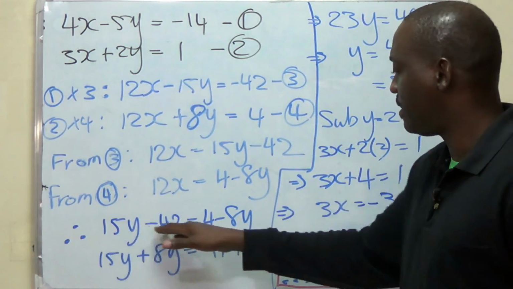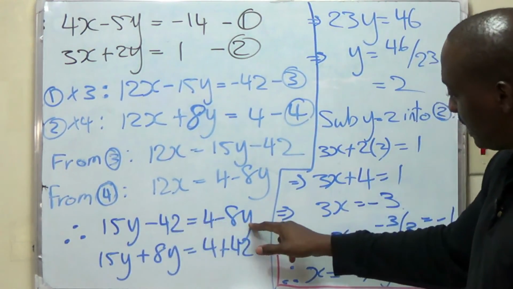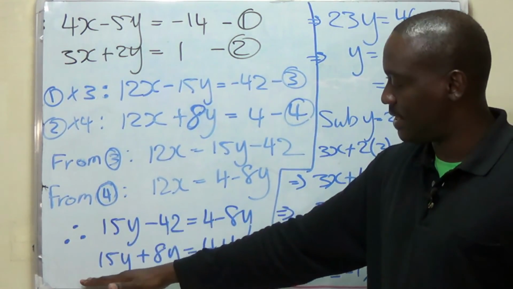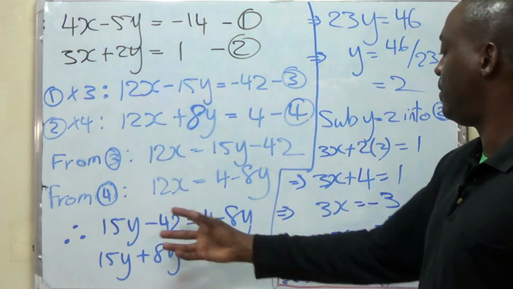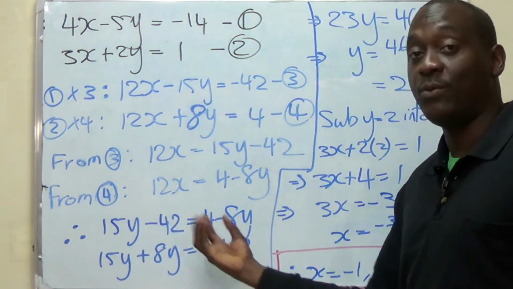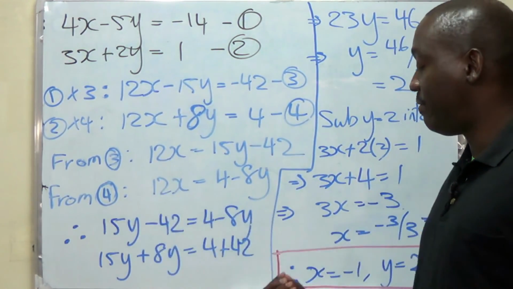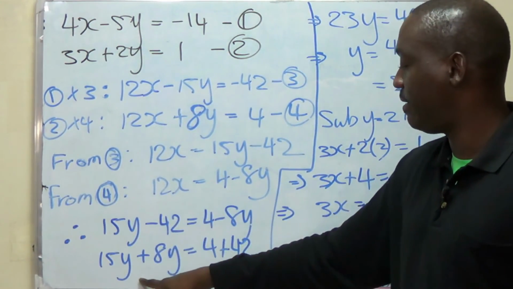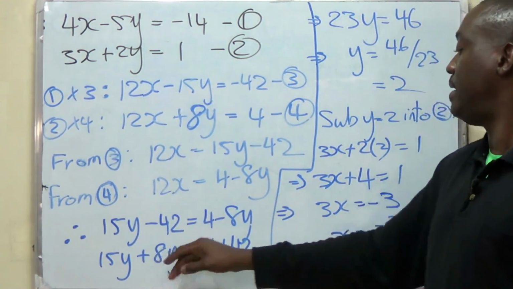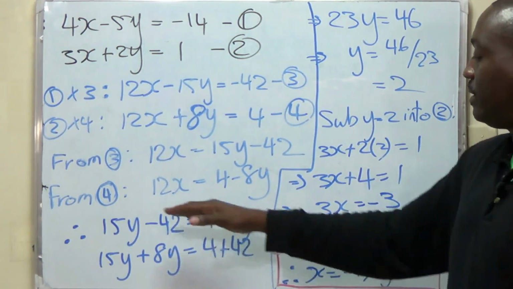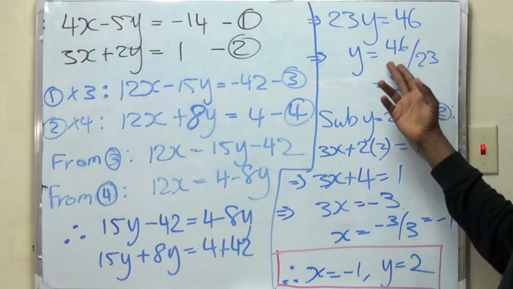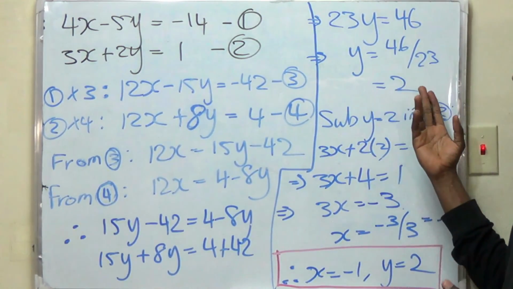So 15y minus 42 will be equal to 4 minus 8y here. And then we bring all the like terms on one side. We bring all the y's on one side. So in other words, now we have an equation in one variable, which we're going to find. So 15y plus 8y, we bring the minus 8y across here. 15y plus 8y is equal to 4 plus 42. 23y is equal to 46. y is equal to 46 divided by 23, which is equal to 2.